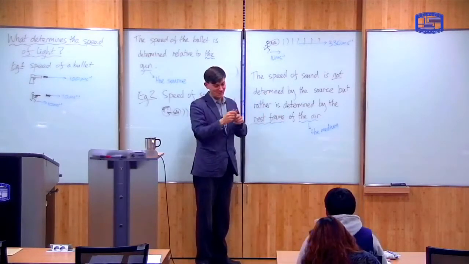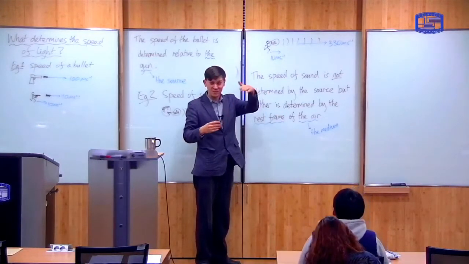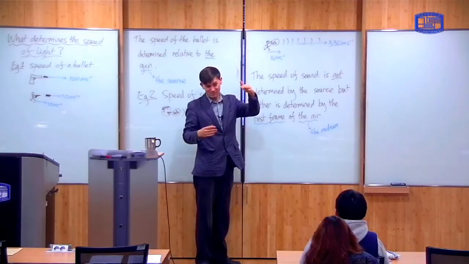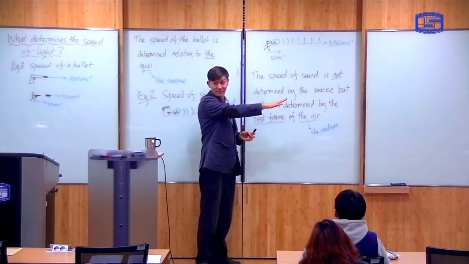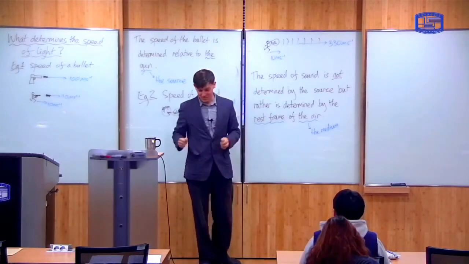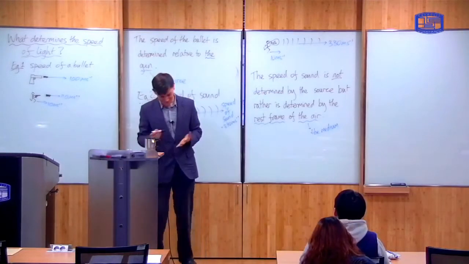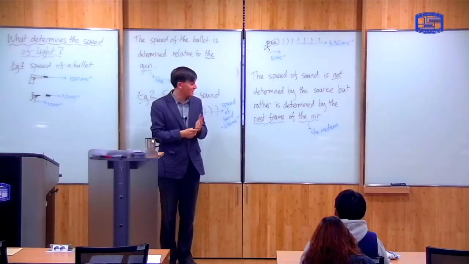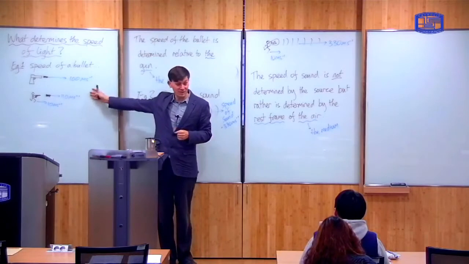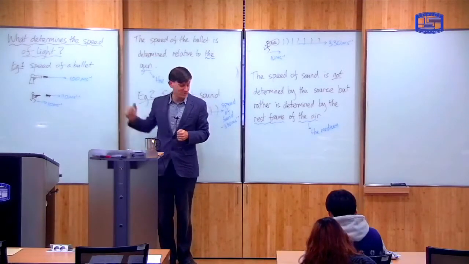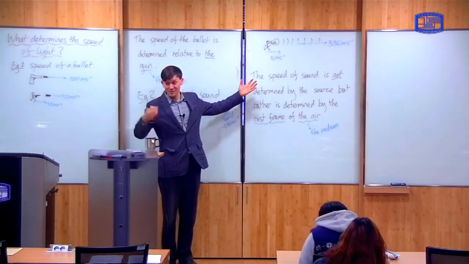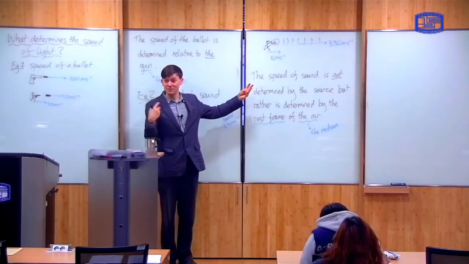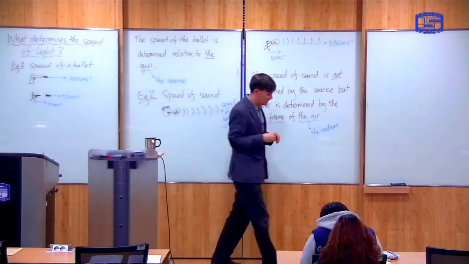Sound is oscillations of pressure in the air. It's a wave moving in the air. So we can crudely divide these two cases: this is the behavior of particles, where speed is determined by the source, and this is the behavior of waves, where the speed is determined by the medium. So we can ask, what about light?